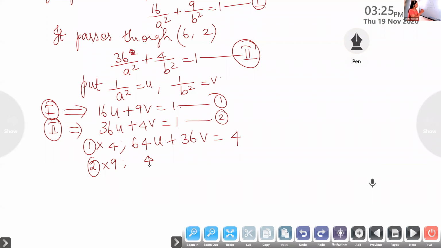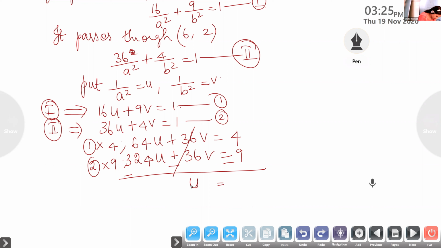So what is 36 into 9? Atul? 324. 324u plus 36v is 9, isn't it? On subtracting, what will you get? After subtracting, what is the value of u? From 324, if you subtract 64, what do you get?